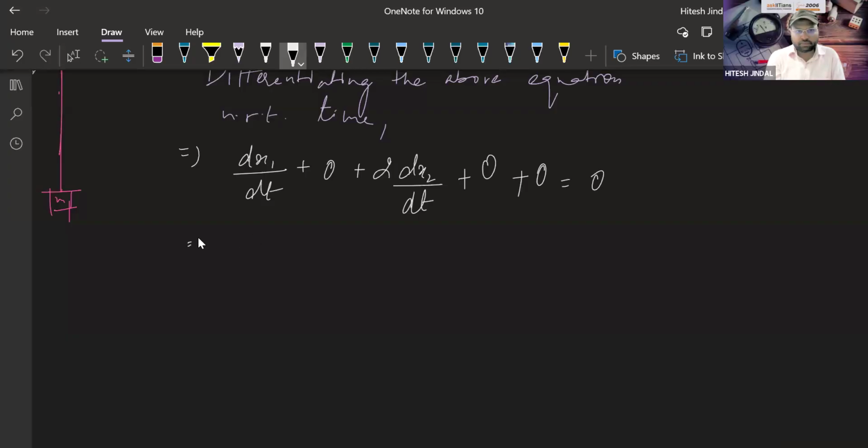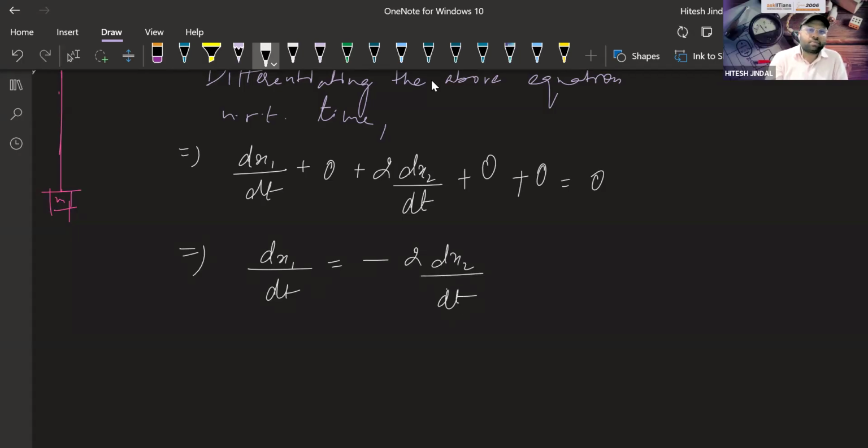So you see, we'll be having dx1 by dt is equal to minus 2 dx2 by dt, right? And from here you can say v1 is equal to minus 2 v2.